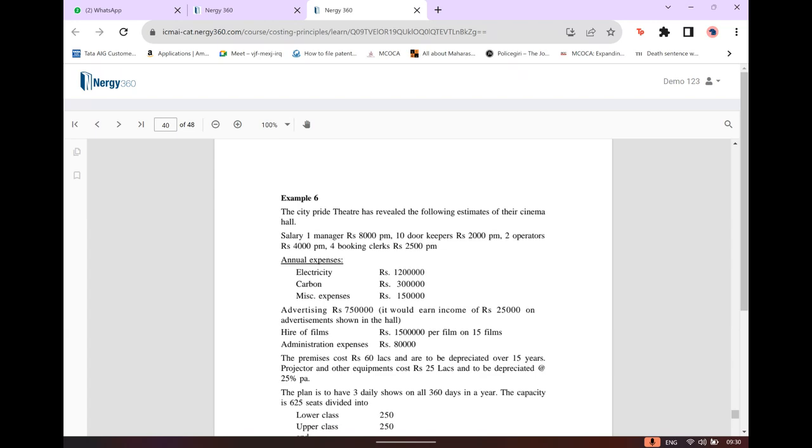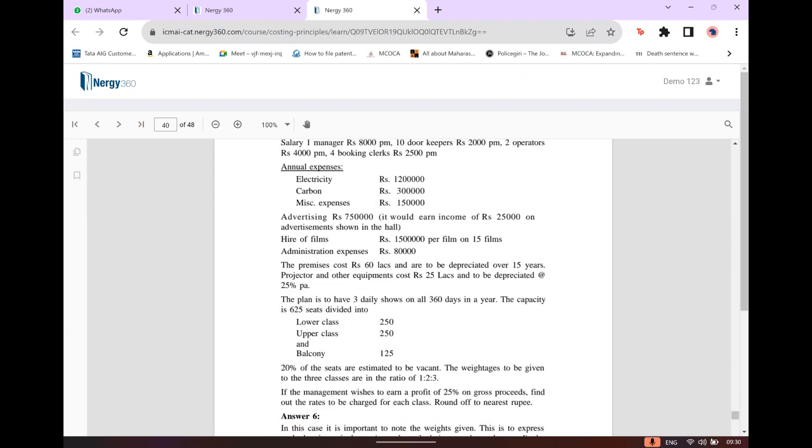The capacity is 625, wherein you have lower class 250, upper class 250, and balcony 125. 20% of the seats are estimated to be vacant. The weightages to be given to the three classes are in the ratio of 1:2:3. If the management wishes to earn a profit of 25% on the gross proceeds, find out the rates to be charged for each class, rounded off to the nearest rupee.